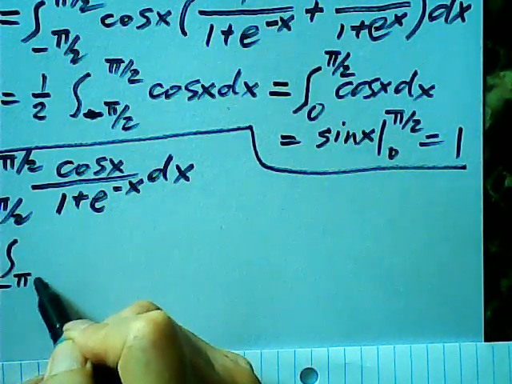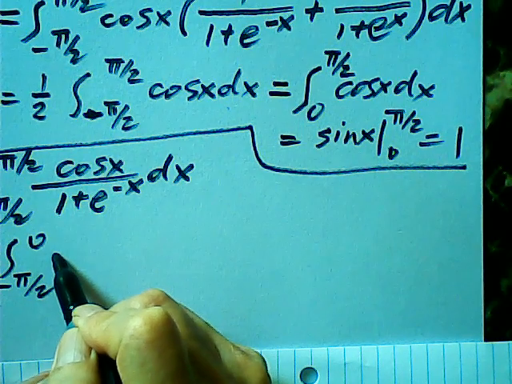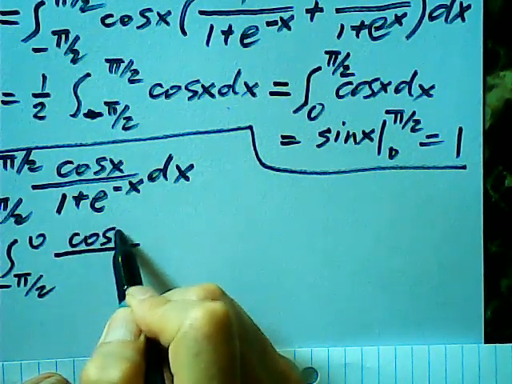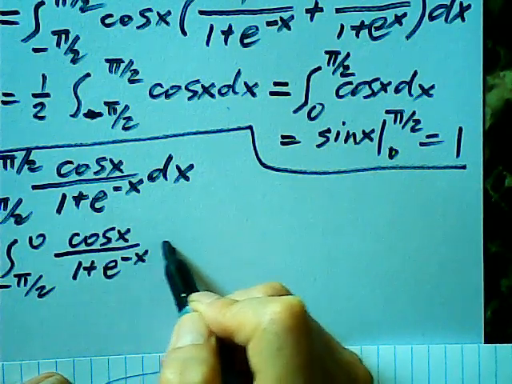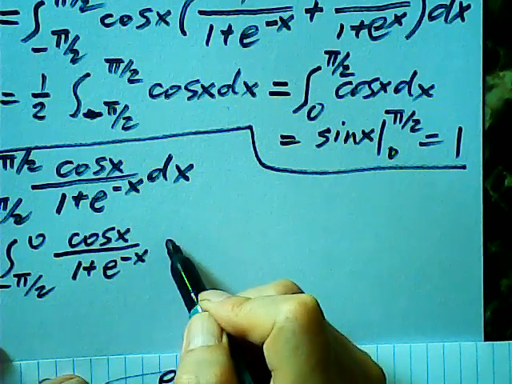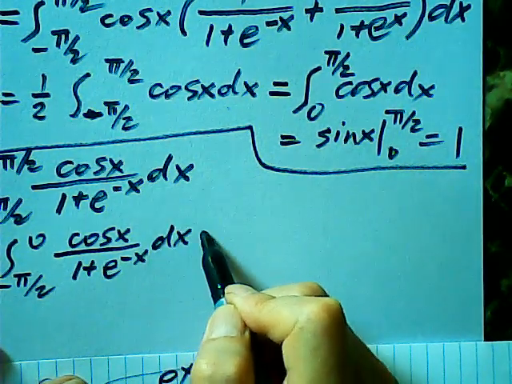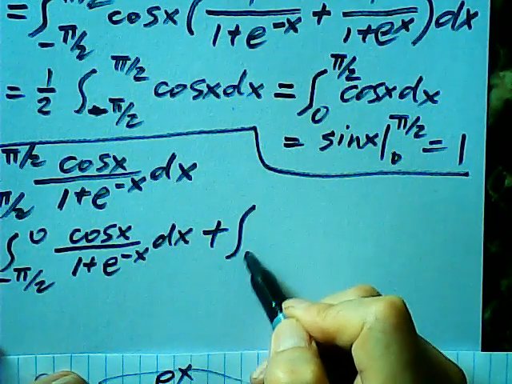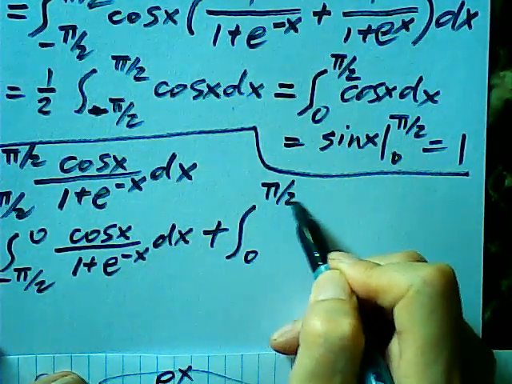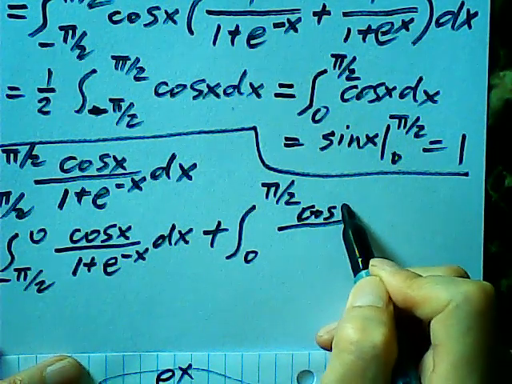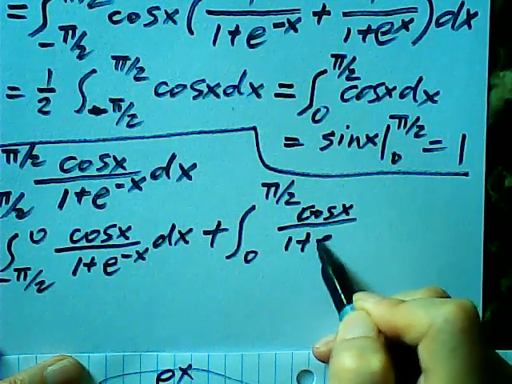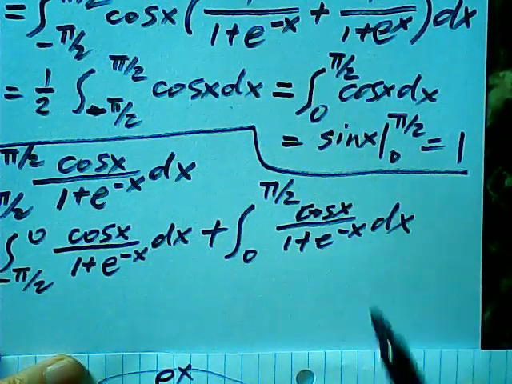One is from minus half pi to 0 of cosine x over 1 plus e to the negative x dx, plus from 0 to half pi of cosine x over 1 plus e to the negative x dx.